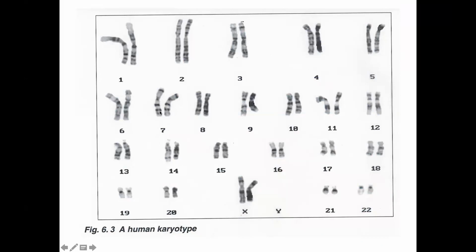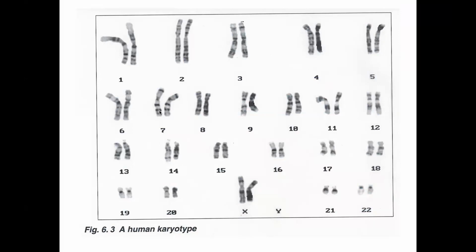So you can easily distinguish chromosome 6 from 7 based on this banding pattern. Okay, so these are the 3 characteristics that are used to assemble a karyotype once the chromosomes have been visualized. You look at the size, centromere placement, and banding pattern, which then allows you to assemble the karyotype.